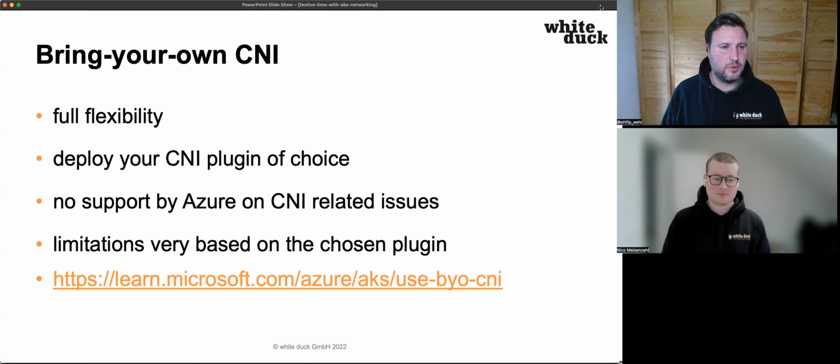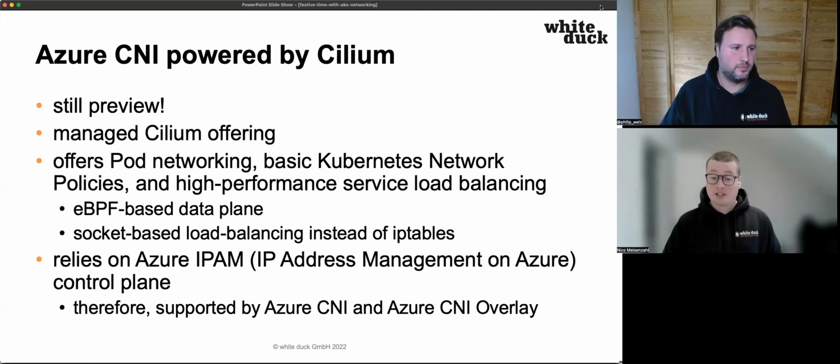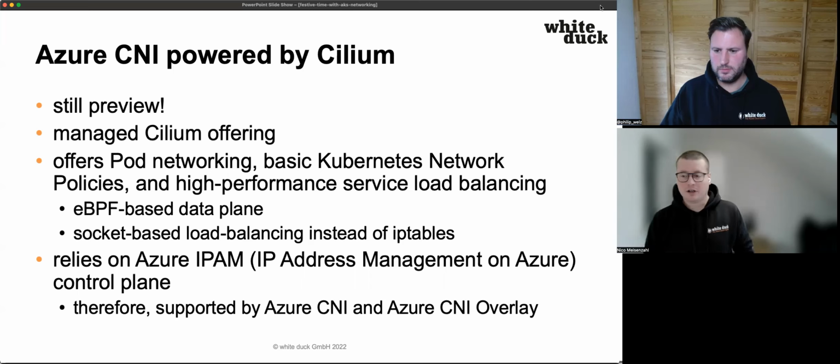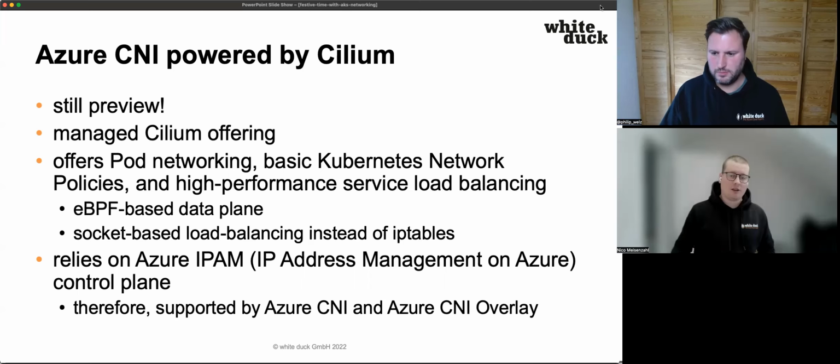Cilium can help you with the pod networking, also with the basic Kubernetes network handling, like pod-to-pod communication, also network policies, and basically doing that on a really high performance level, because Cilium is based on eBPF. So basically all the things Cilium does for you are pretty fast and really high performance, and this is really one of the big use cases or pros of Cilium.